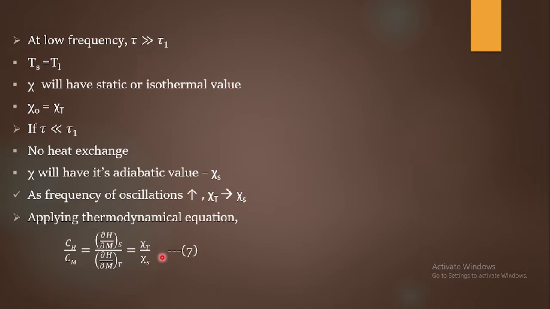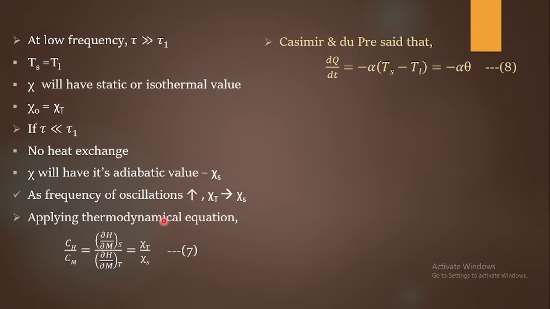Then another important equation was given by Casimir and Dupré, and these two people said that the rate of heat exchange, which is dQ by dt, from the lattice system to the spin system was directly proportional to the temperature difference between the systems.